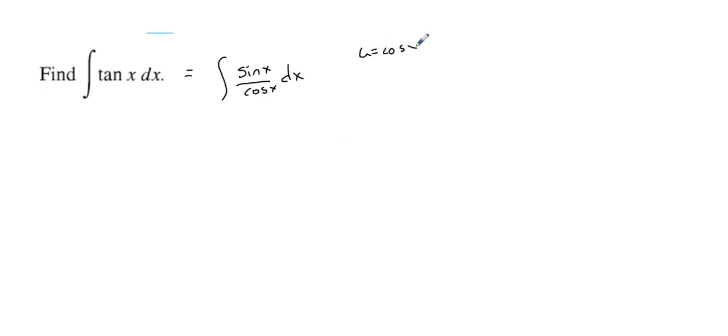U equals cosine x, right? du. What's the derivative of cosine? All right, so then we have negative antiderivative 1 over u du, correct? What's the antiderivative of 1 over u?